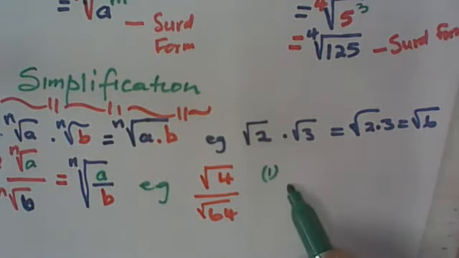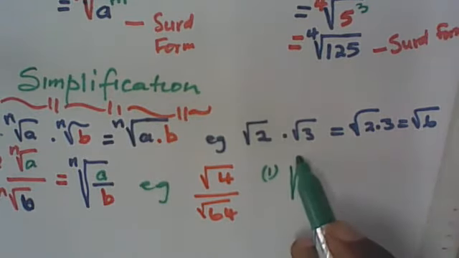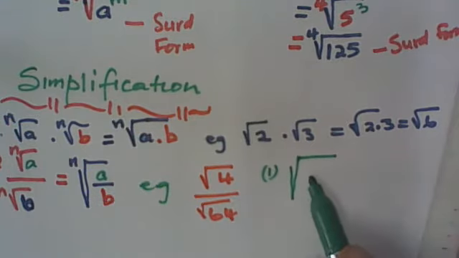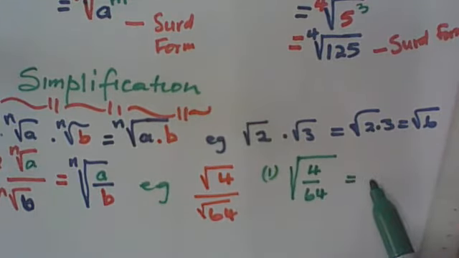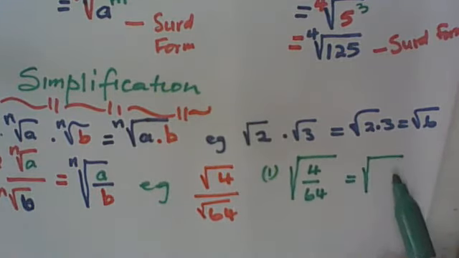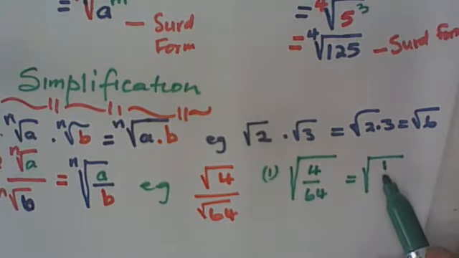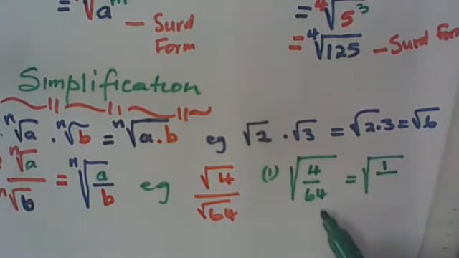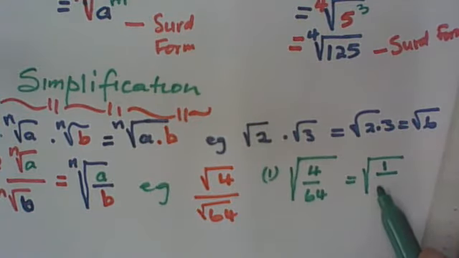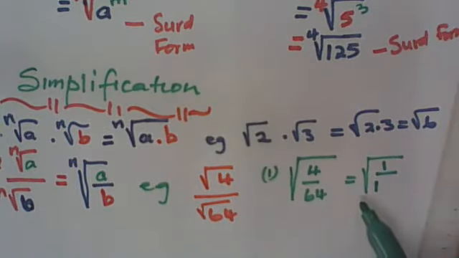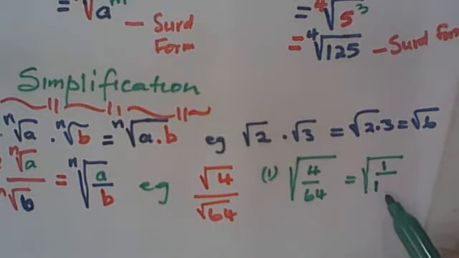That will be under the same square root. This will be 4 over 64. And then that will give you the square root of, how many 4s are in 4? It's 1. How many 4s are there in 64? That will be 16.